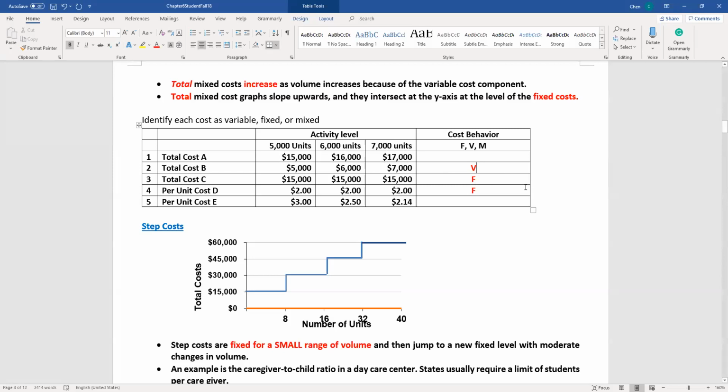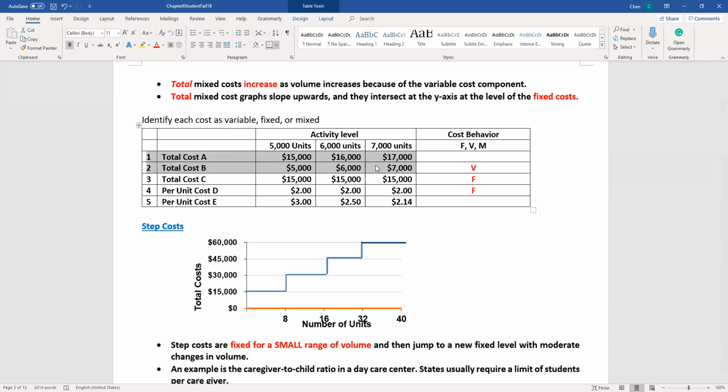How about the first one? Total cost A. So it looks like that if you compare 1 and B, okay? We already identified that total cost B is a variable cost because it's changing proportionally.